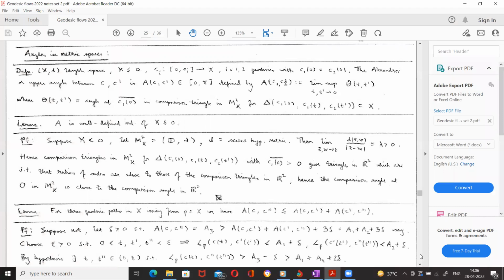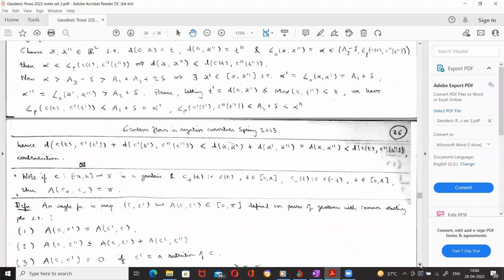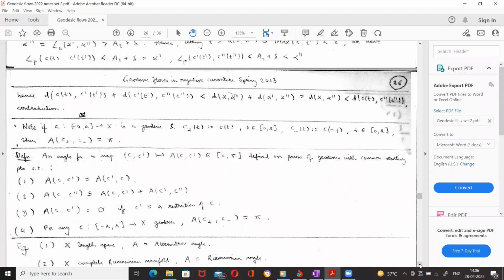So now I want to first make a remark. If C is a geodesic defined on an interval in a neighborhood of the origin, say from minus a to a into X, then it defines a forward geodesic, C plus of t equals C(t) for t in the interval 0 to a, and a backward geodesic, C minus of t equals C(minus t) for t in the interval 0 to a, right?